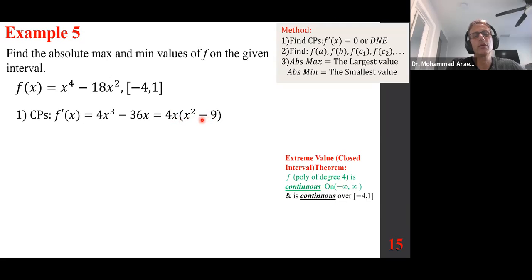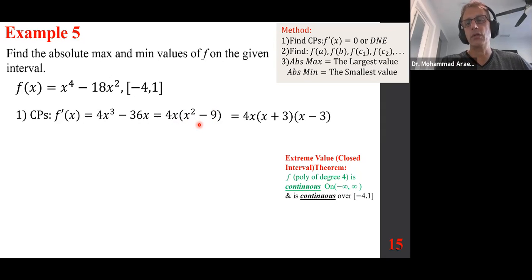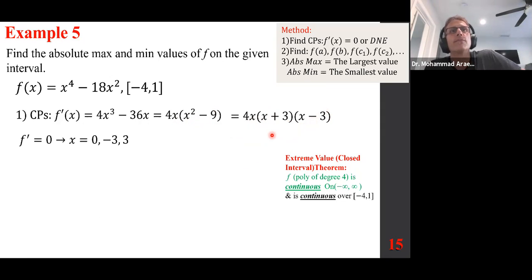We further factor this piece into x plus 3 times x minus 3. And so we come up with, when we set this equal to 0, 3 answers: x equals 0, x equals negative 3, x equals positive 3. So there are 3 answers so far.